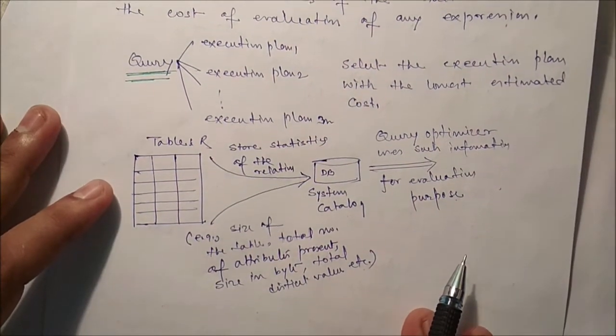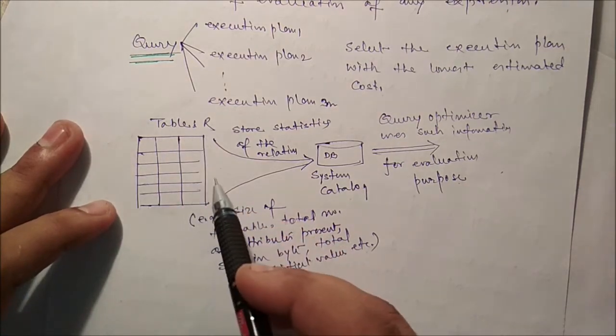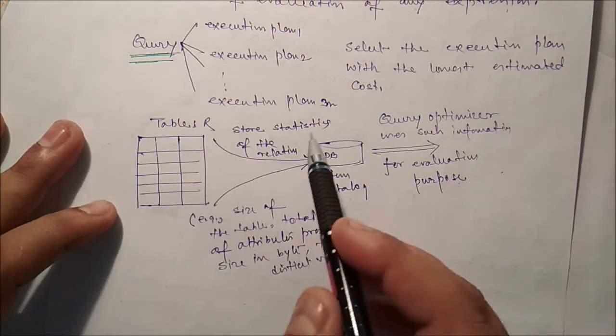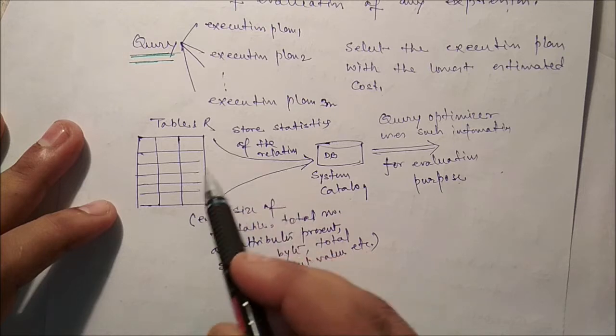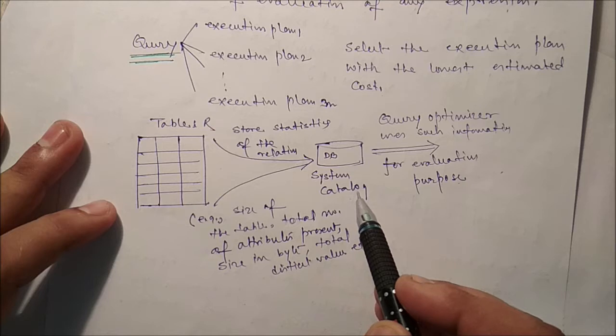Now how to do this one? So what is the basic idea? Suppose one table, one relation is there. From that relation, we store statistics of the relation or table in the database system catalog.